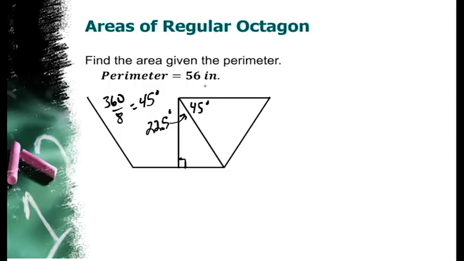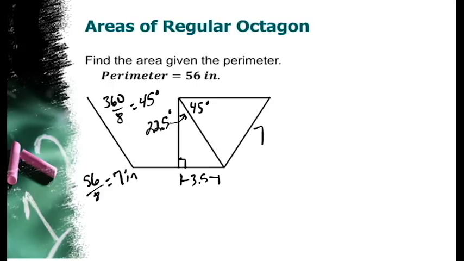Now with the 56-inch perimeter, we would take 56 inches divided by 8 to find out what each of the side lengths are. So 56 divided by 8 gives us a 7-inch side. We know that this is 3.5 inches because that's half of a side length.